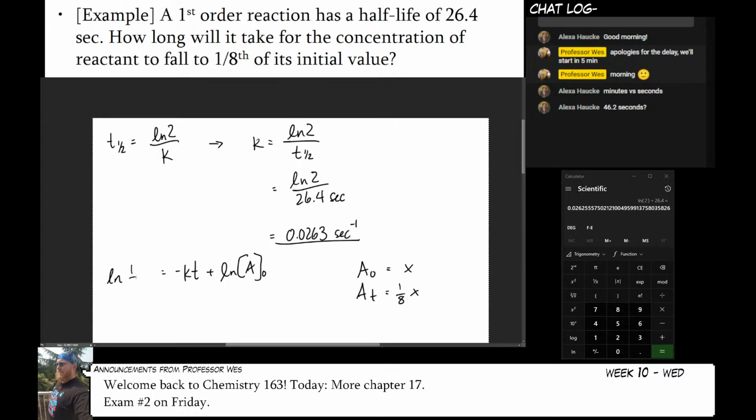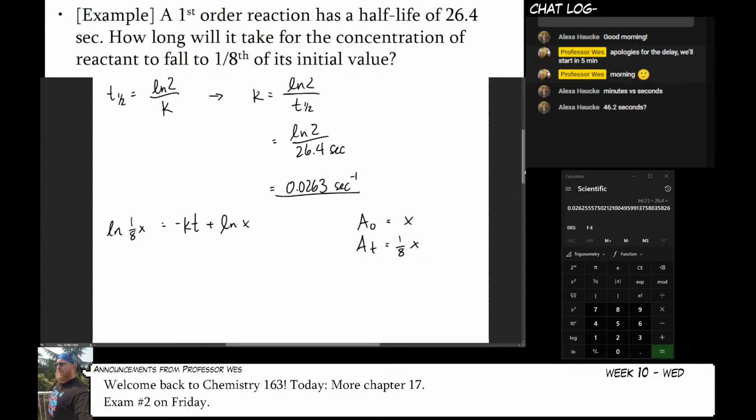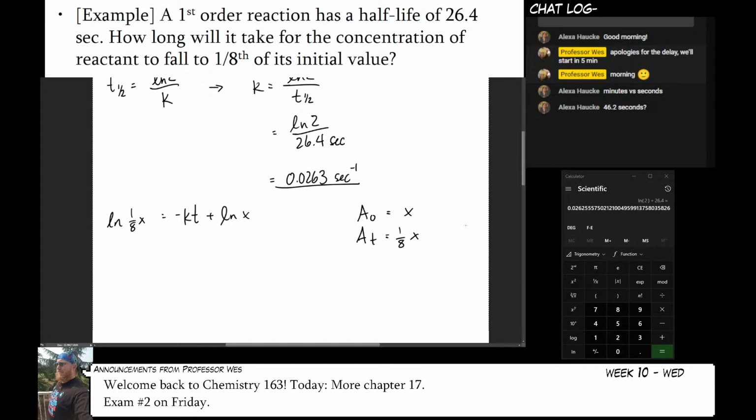So this will be 1/8 x, and this will be x. And we can just solve for whatever t is, right? Because the x's are going to cancel out. I could also enter numbers in here if I really wanted to.